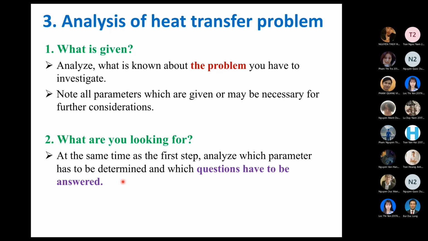So this is the second step you have to do. We have to know what we are looking for and what question has to be answered. So this is the second step to solving the problem.